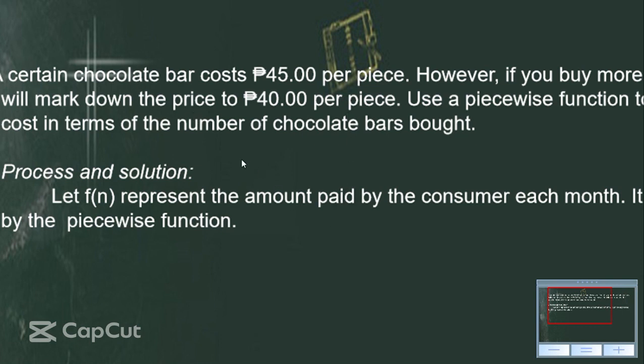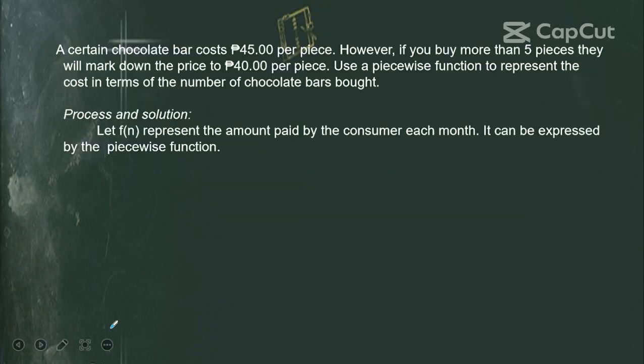Okay? So, here again we expect two formulas, one for buying not more than 5 chocolate bars, and one for buying more than that. As stated in our problem, the original price is 45 pesos per chocolate bar as long as you buy 1 to 5 pieces.